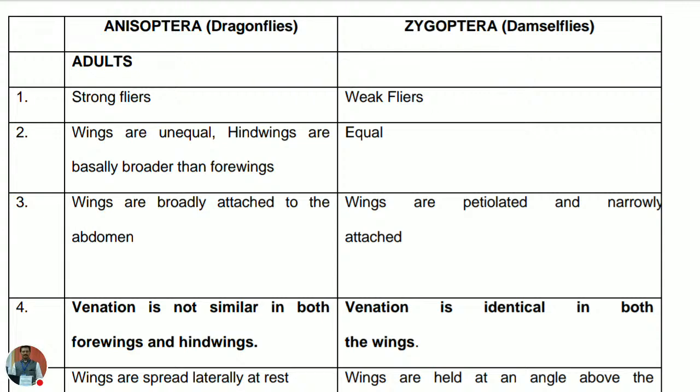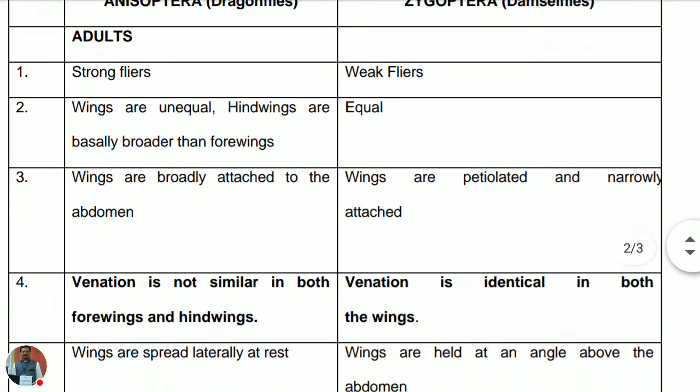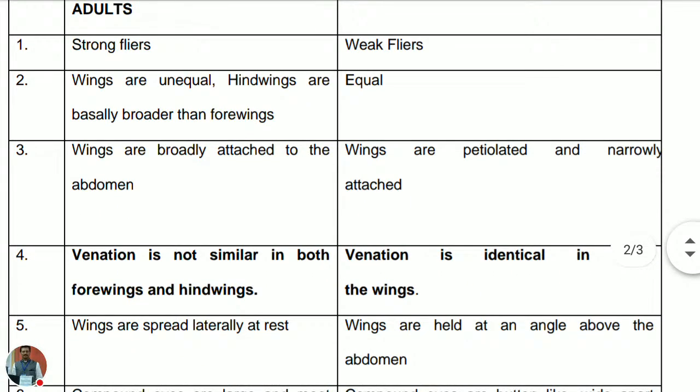But in case of the damselflies, the wings are equal in size as well as the shape. Then third point, the wings are broadly attached to the abdomen in case of the dragonflies, Anisoptera. In the damselflies or the zygopterans, the wings are petiolated and narrowly attached.